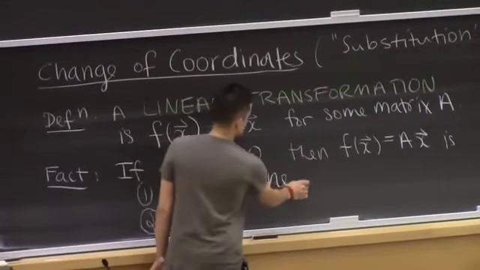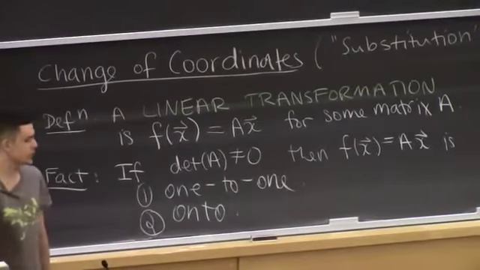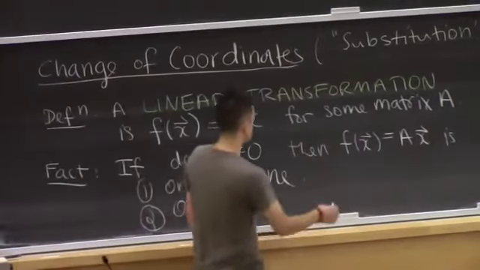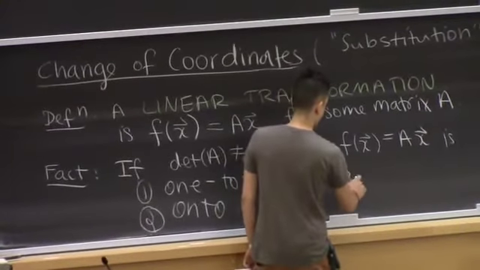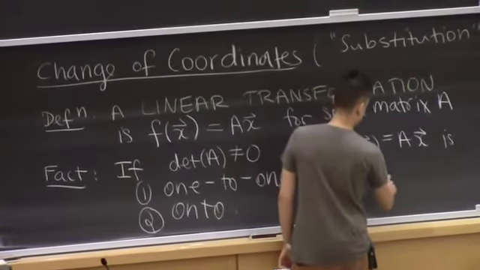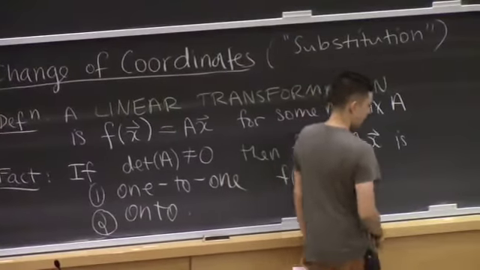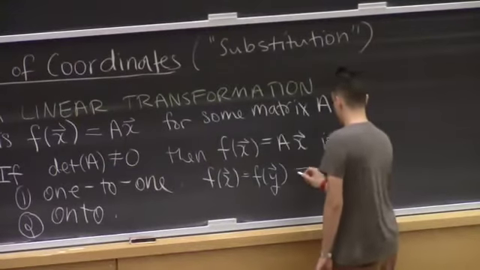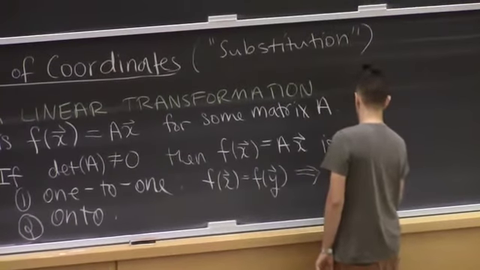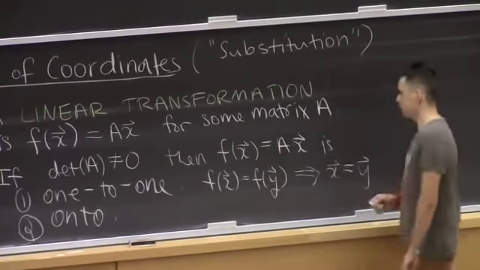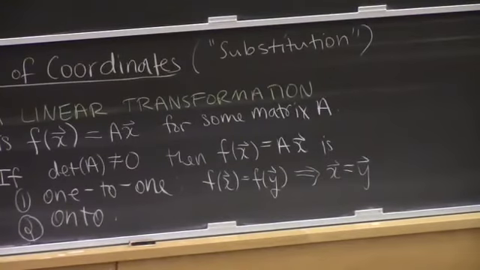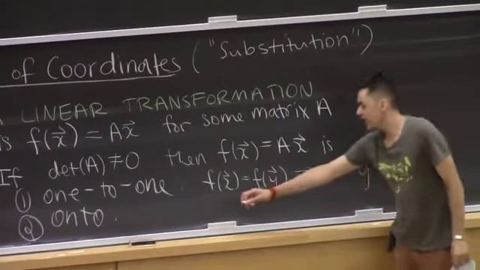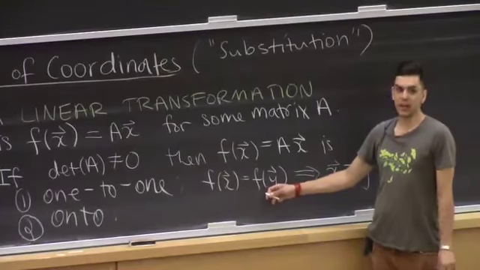And onto. So just as a reminder of what those words mean, something is 1 to 1 if whenever the outputs of the function agree, the inputs had to agree as well. So if we've got an invertible matrix, we've got AX is equal to AY.